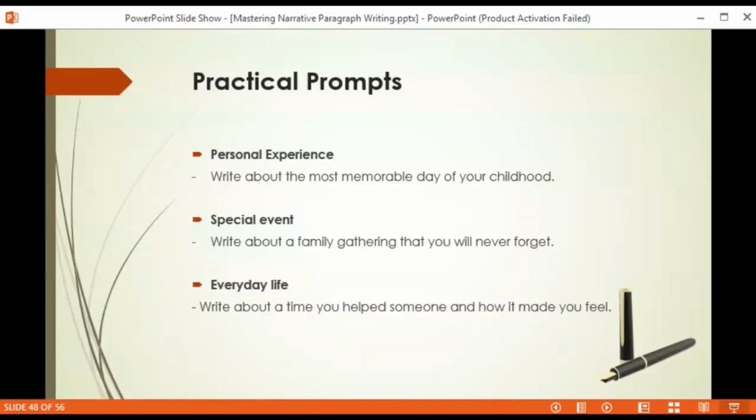Practical prompts. These are prompts for you to start writing. From personal experience, write about the most memorable day of your childhood. From special event, write about a family gathering that you will never forget. From everyday life, write about a time you helped someone and how it made you feel.